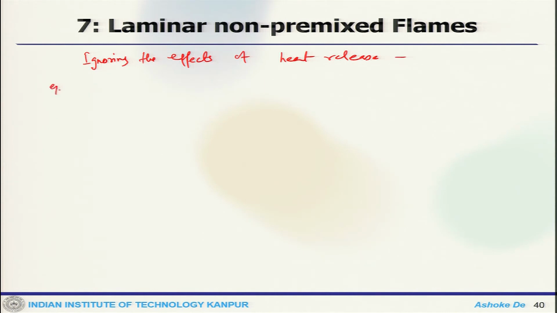Then from equation 7.16 one can get a very crude description of the flame boundary, when YF equals YF stoichiometric. So, this is a very crude description, because what we are ignoring is the effect of the heat release, which is not possible in a realistic situation.